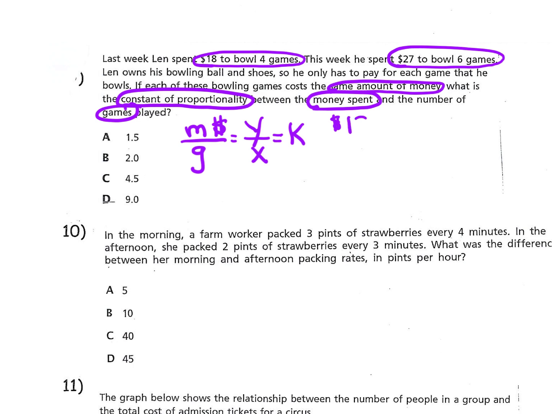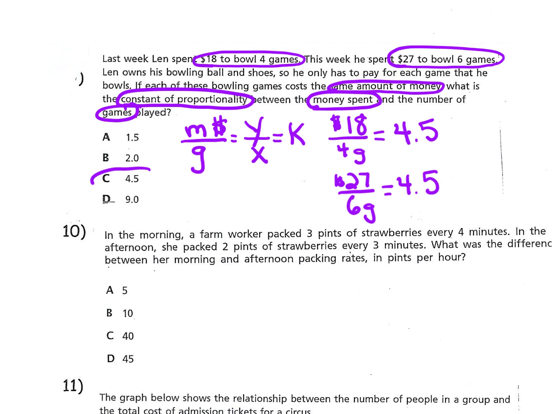Put $18 over 4 games and $27 divided by 6 games. Take a moment and divide and see what your K rate is. Make sure you're copying down all the work. For each, you should have gotten 4.5. That's your constant of proportionality, or your K rate.